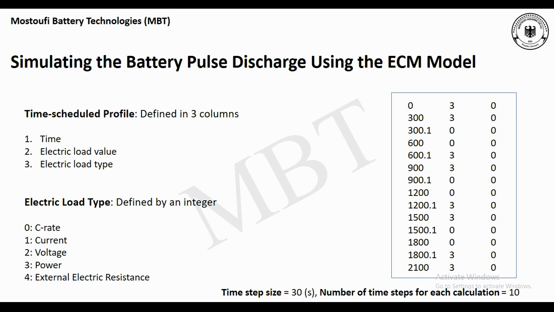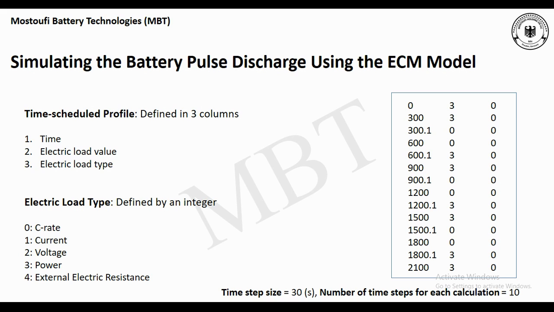So in the first column, from 0 to 300 seconds we have a C rate of 3, and from 300 to 600 we have a C rate of 0, and we continue this until 2100 seconds of flow time. This time was defined by the previous simulation.